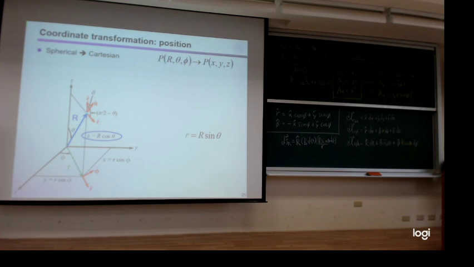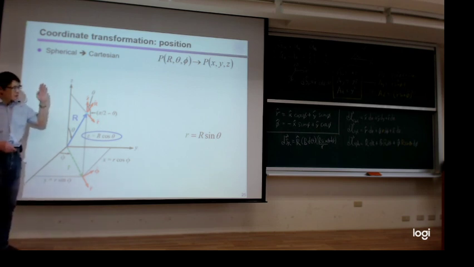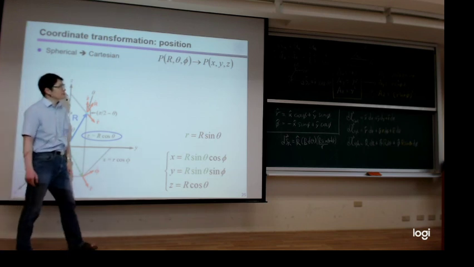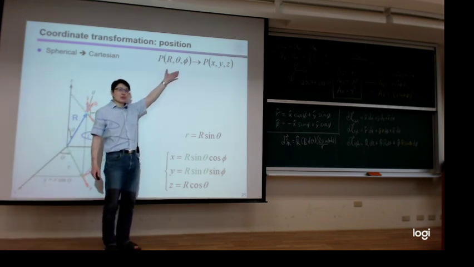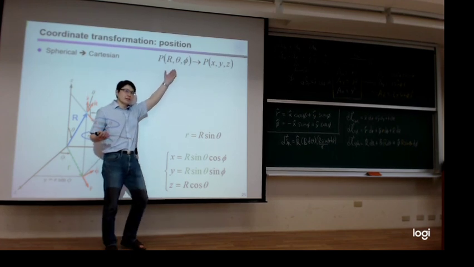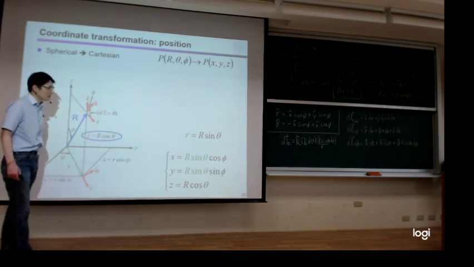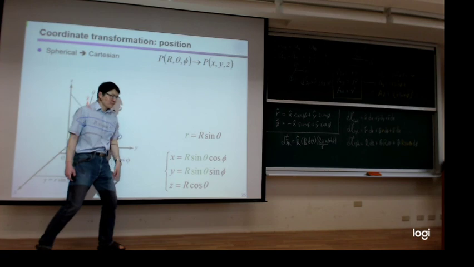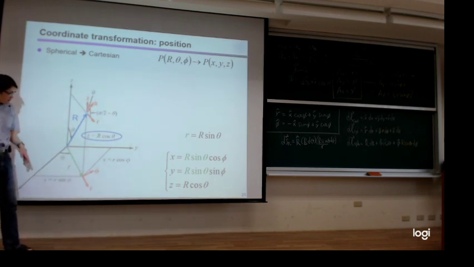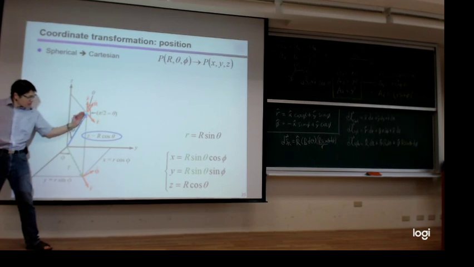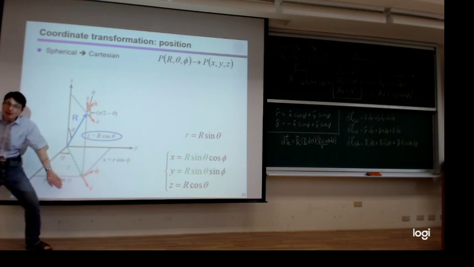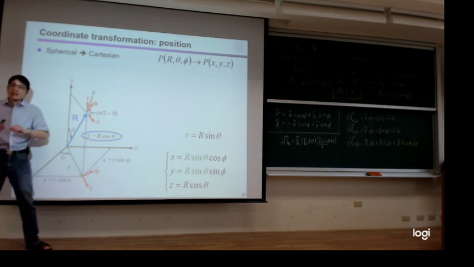Position transformation is also straightforward, so I'll just go over the results. If you have a position given in spherical coordinates, you can transform it into Cartesian coordinates x, y, z, because we know that x, this is a point again. This position on a spherical surface, if you want to find its x and y value, you first need to perform the projection onto the xy plane, right? And I mentioned this over and over.